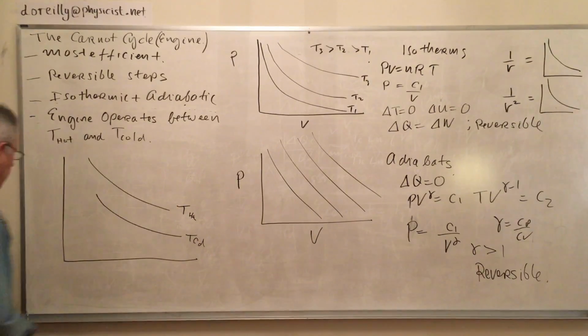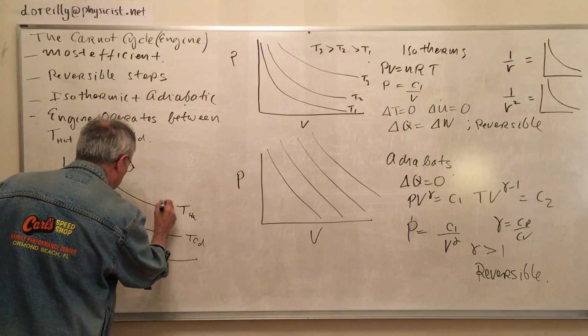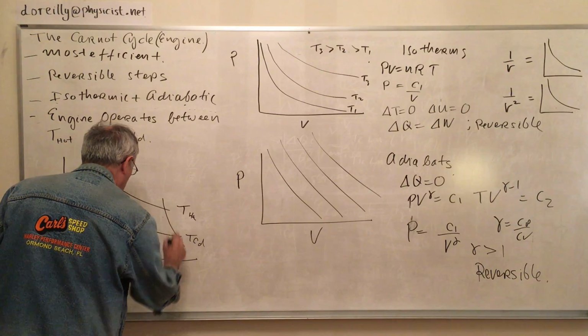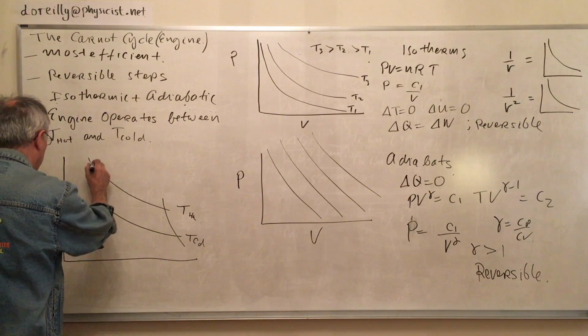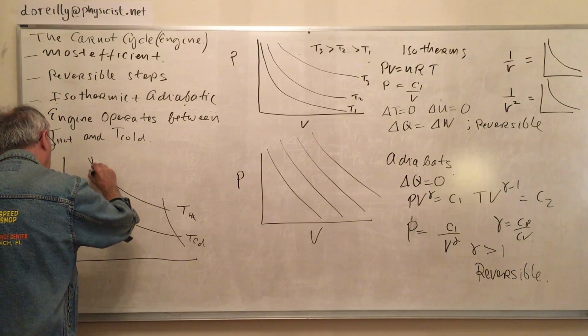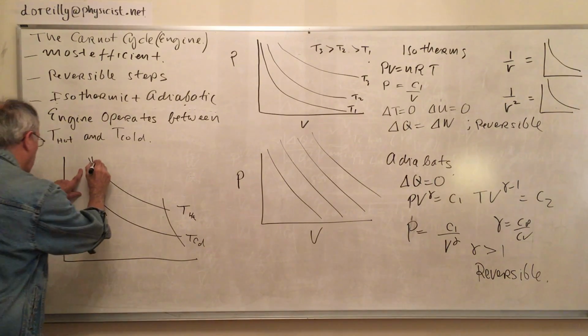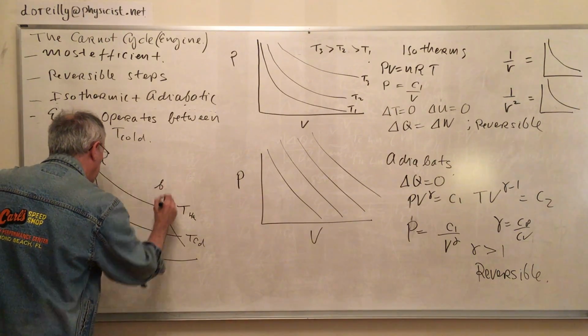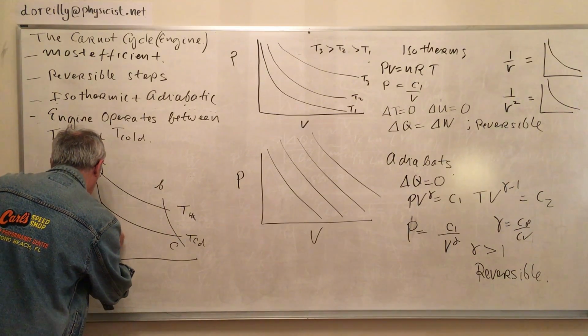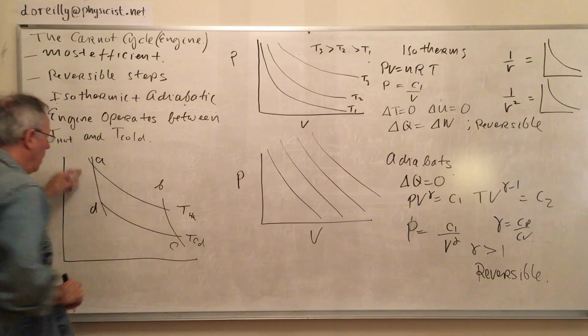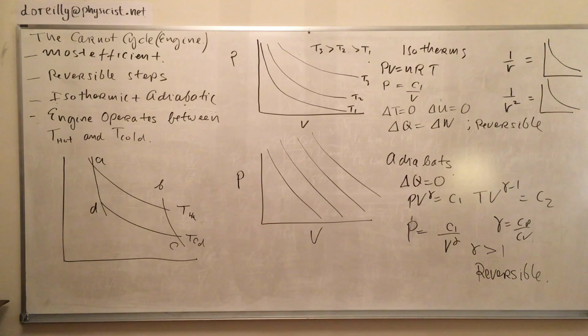And he'll fill in the sides with an adiabat and another adiabat. So now, let's label the corners A, B, C, and D. Make a cyclic figure.